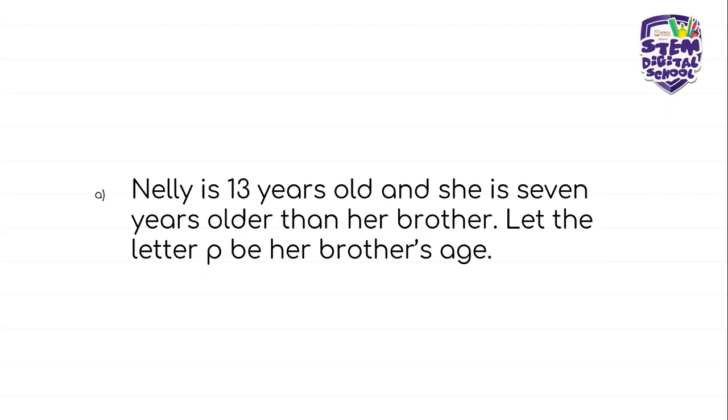So if her brother's age is P, what will be the formula that you are going to use to describe the relationship between their ages? Now I just want you to describe the relationship in terms of an equation.